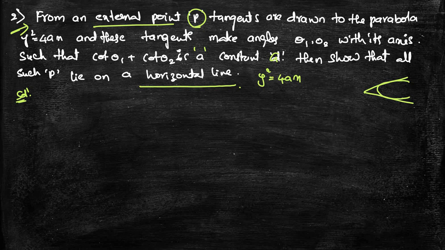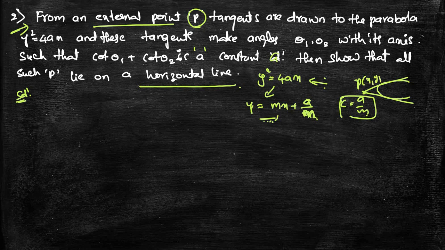Now the solution. The equation of the parabola is given, and the equation of a tangent is y is equal to mx plus c, where c is equal to a by m. This tangent passes through the point P, x1 comma y1, so it becomes y1 is equal to m x1 plus a by m.